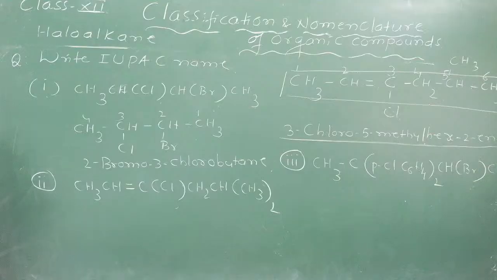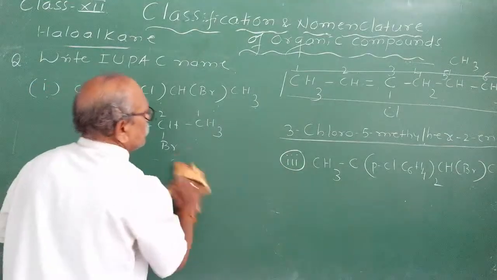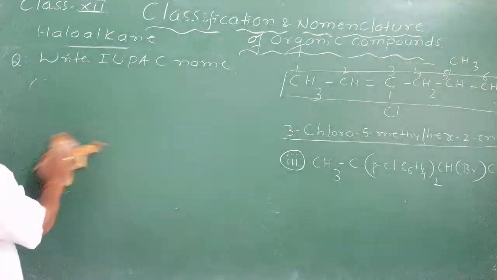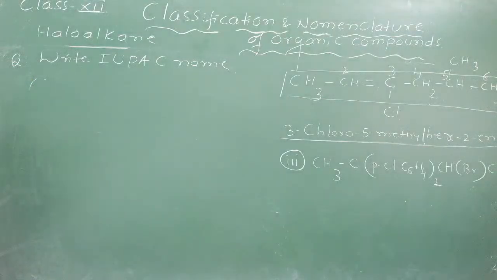Draw the structure, then only you can understand what to do. Open structure, open condensed structural formula. It is more condensed. How do you write it?